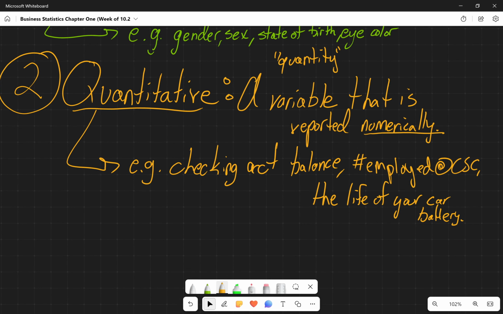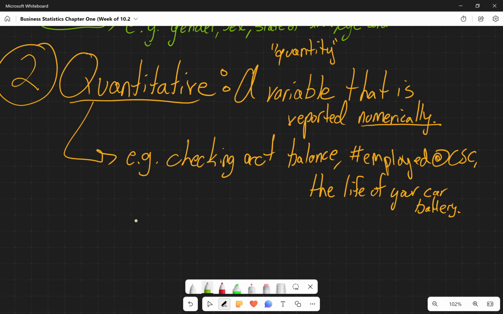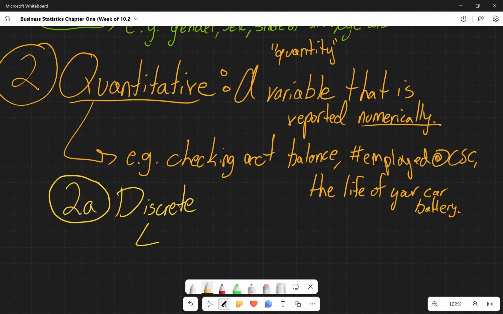Now, within quantitative variables, we can break those up into some discrete variables, which are typically the result of counting.